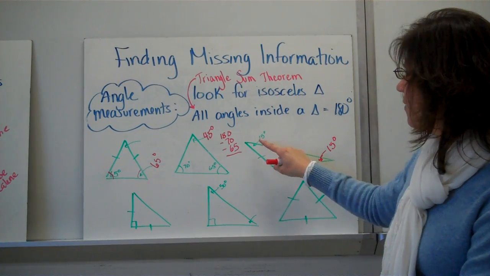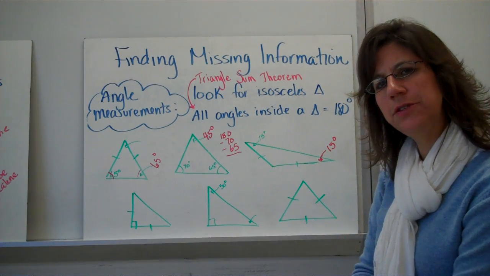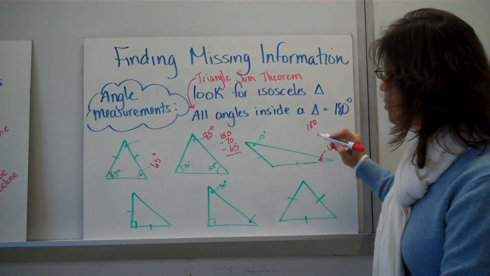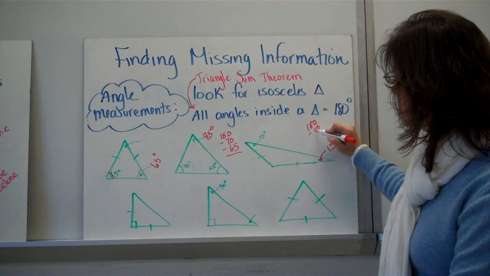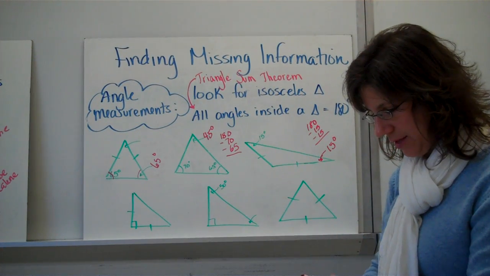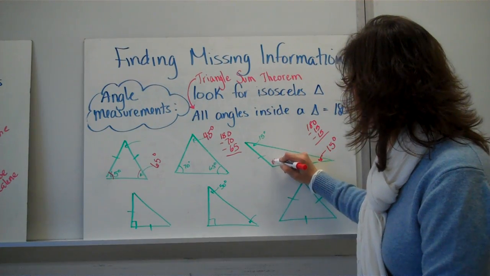Sure you can. You have 15 and 15, and now you have to find out what's left. You really have to be kind of a detective to work these questions out, figuring out what clues you can use to help you. So start with the 180, and we're going to subtract the two 15-degree measurements we already know. And what does that leave you? 150 degrees.